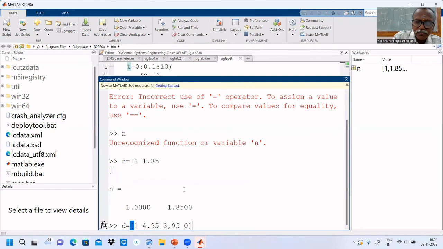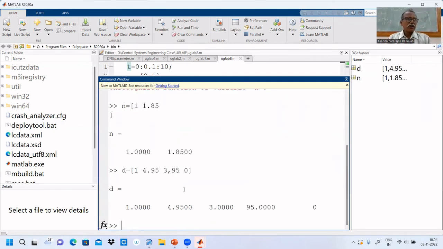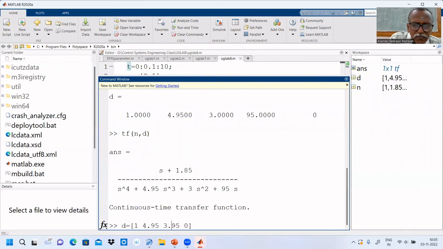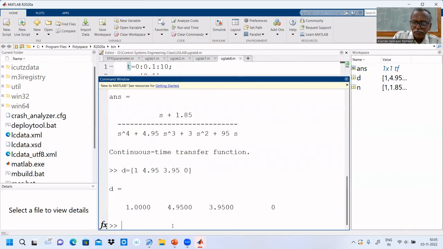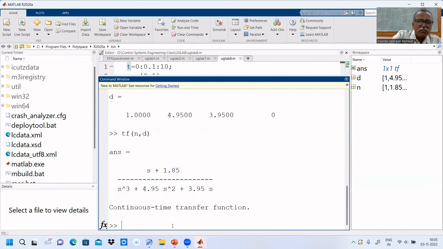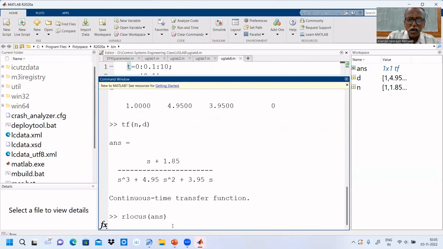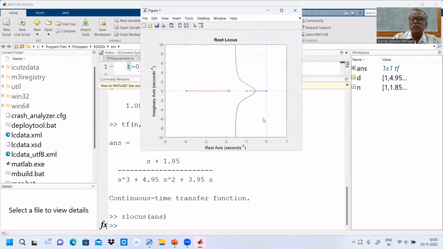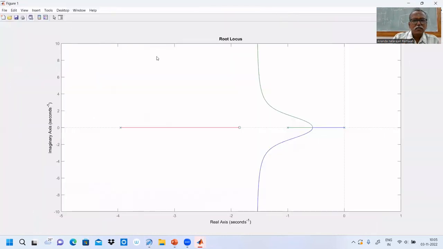Constant term is 0. So now we have to form the transfer function, and it will be stored in the variable called answer. So root locus can be drawn by calling the function rlocus answer. So this is the root locus.